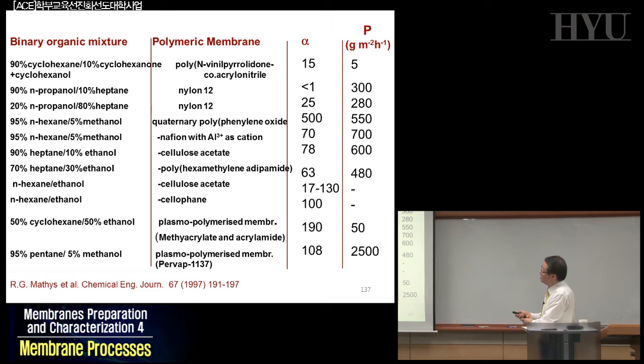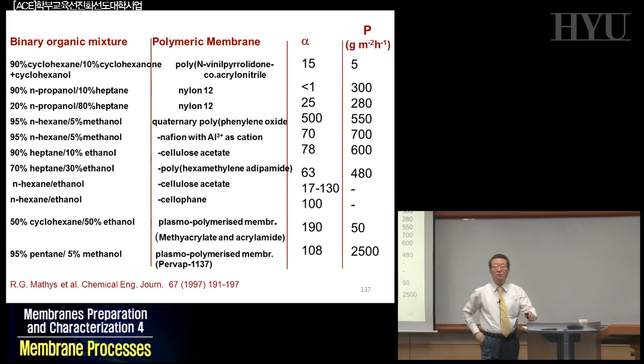In the first column, we can see the binary mixture of the organics. For example, you have cyclohexane and cyclohexanone, normal propanol and heptane, and so on. And in many cases, you have a mixture of organics and organics.